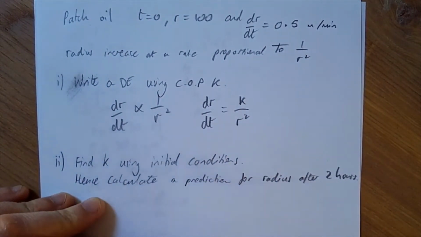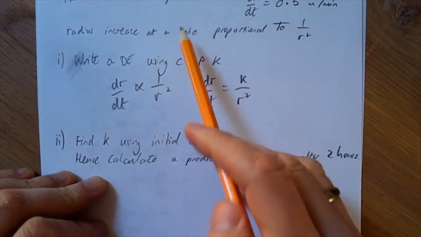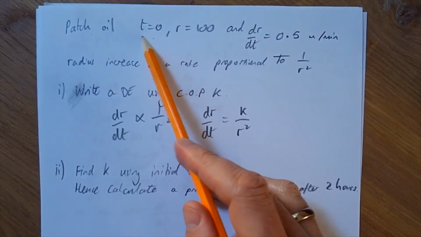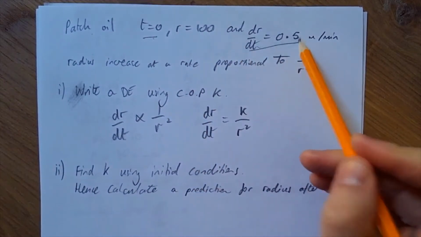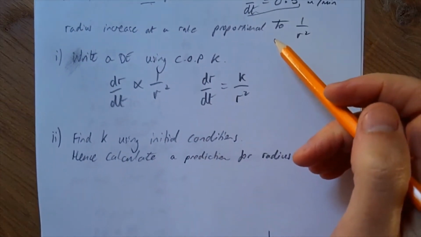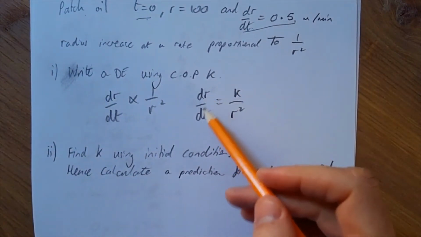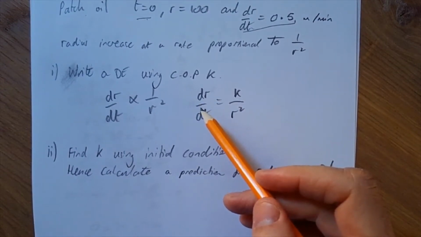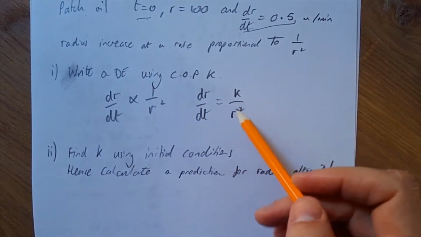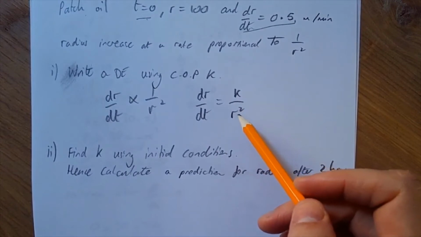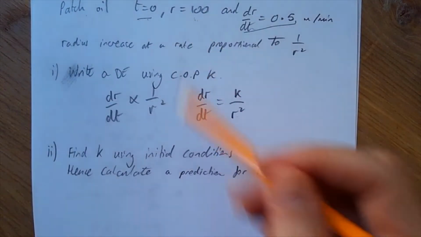Find k using the initial conditions. Well, you're told when t is 0, that rate is 0.5. So I'm going to substitute 0.5 in there. And, well, I can't put t as 0 into that. I need an r value, but there is one up there.